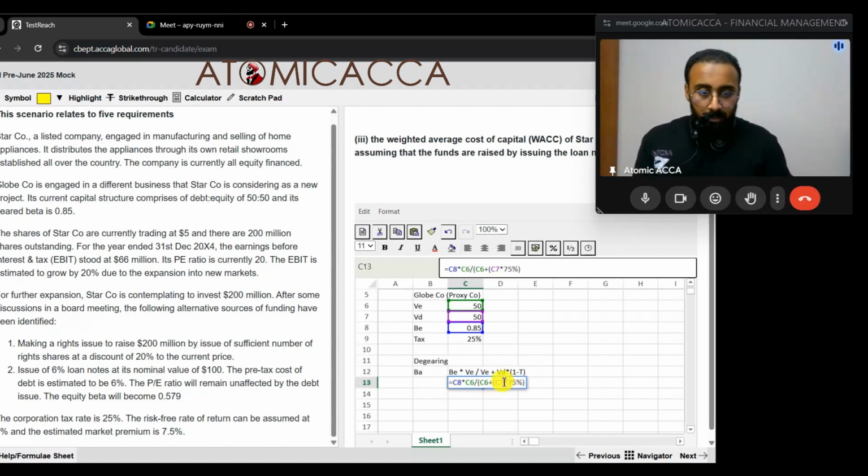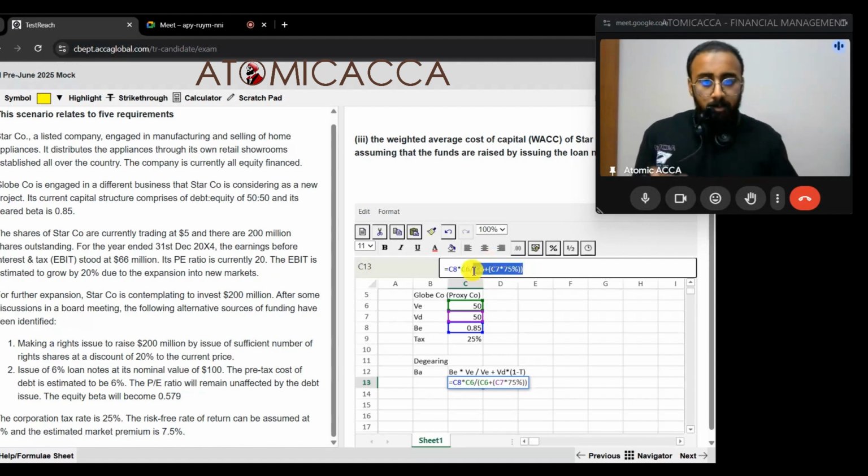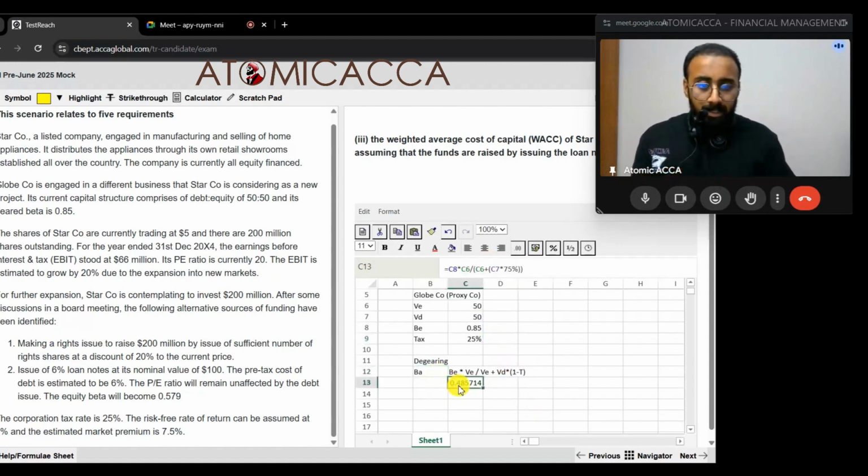So value of debt into 75 percent, I'm going to add it with the value of equity, and that whole thing I need as a denominator. We have this inside a bracket, and the whole thing inside a bracket, and that's the denominator. So we have the asset beta over here.